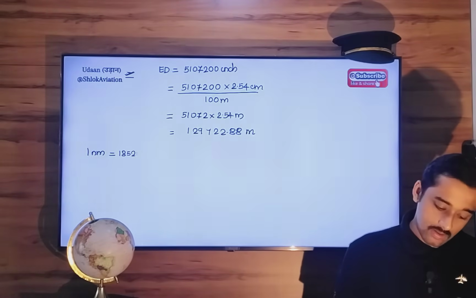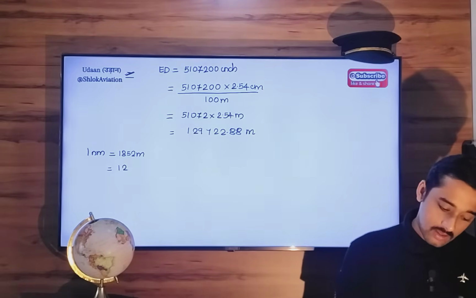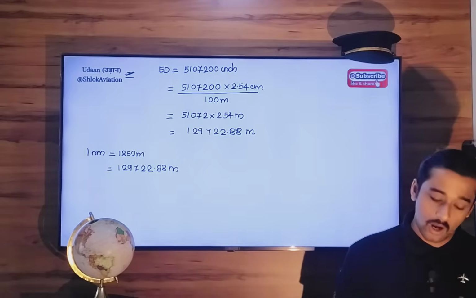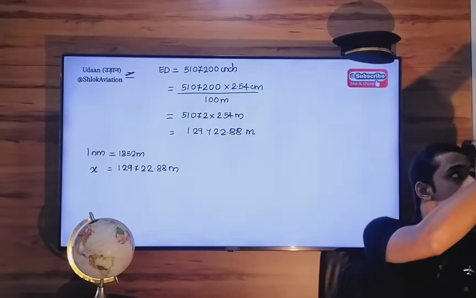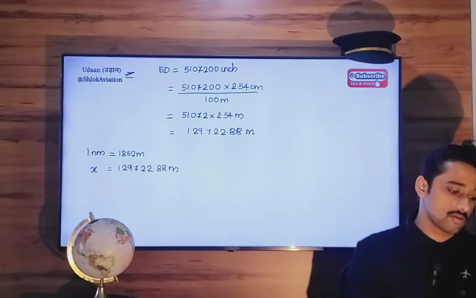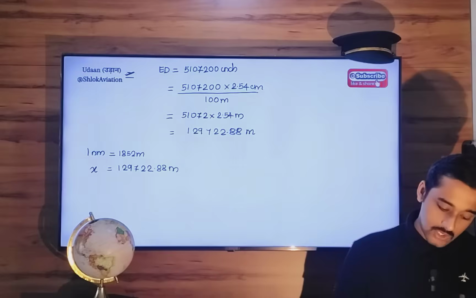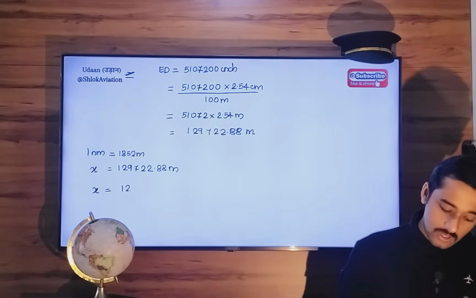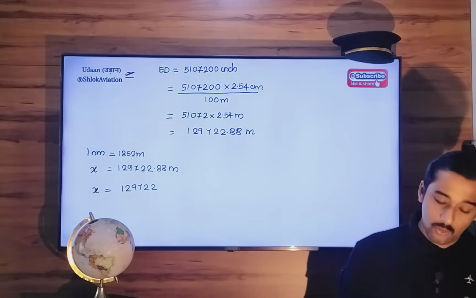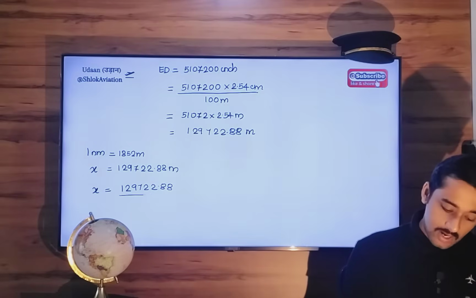1852 meter. So 129,722.88 meter will be equal to how many nautical miles? So x will be equal to 129,722.88 divided by 1852.